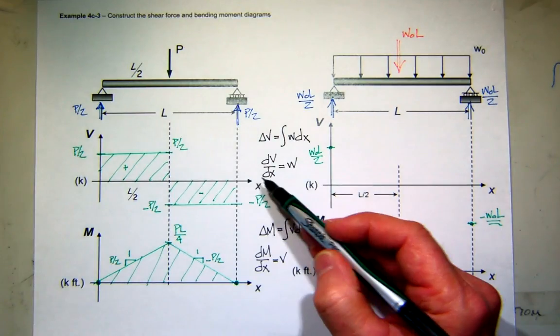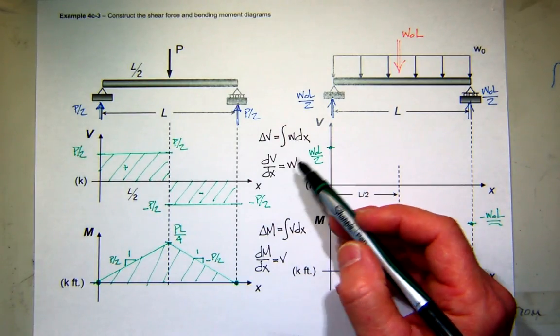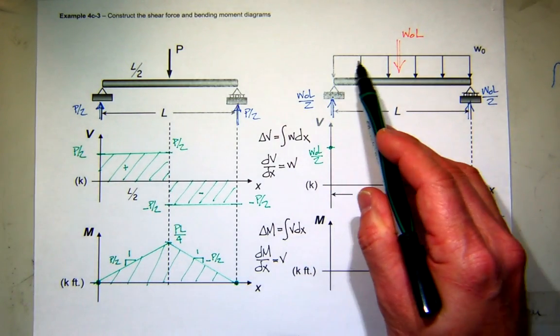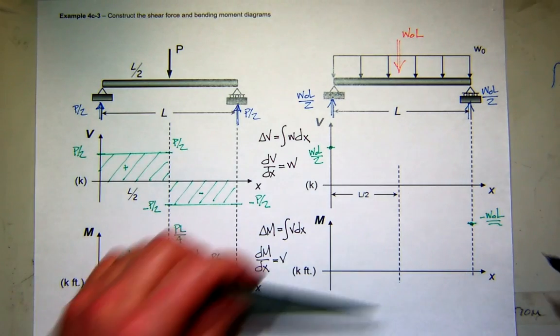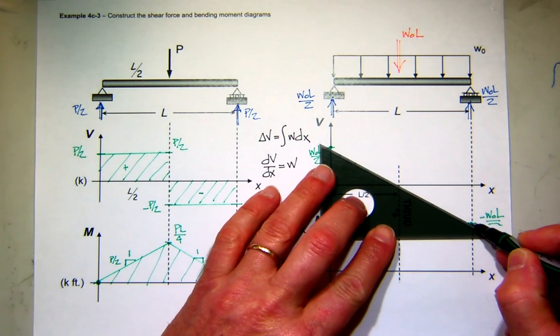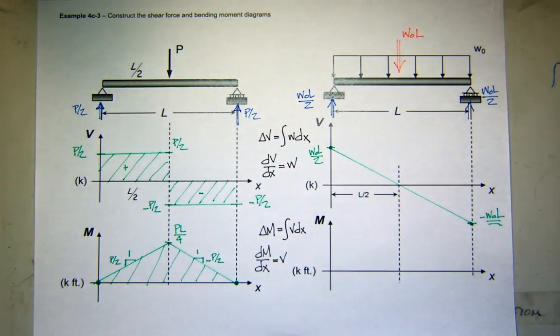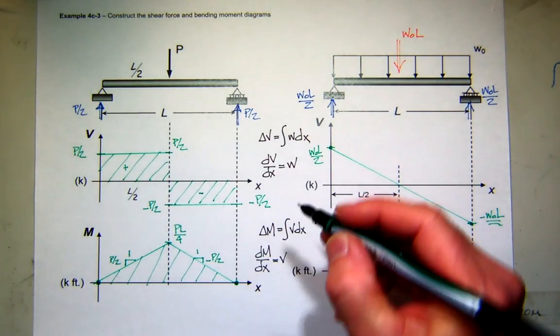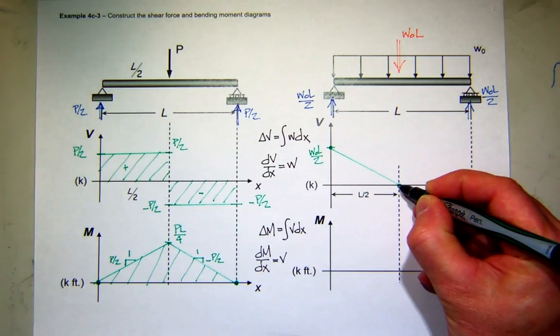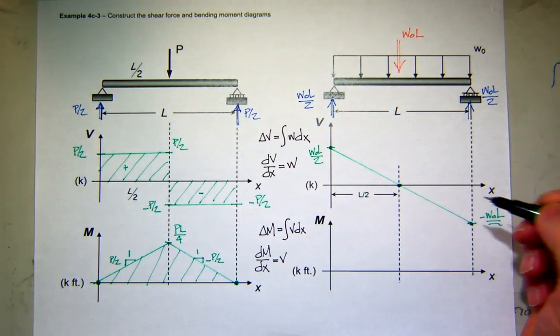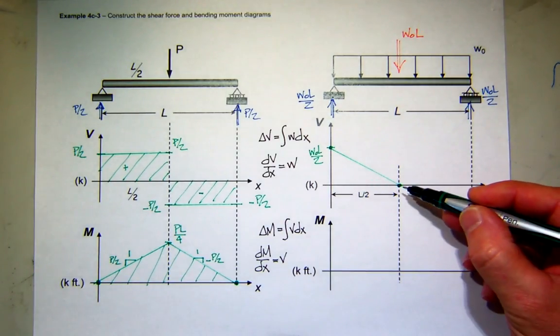And the slope is given by the load, and the load is what? It's constant, and it's negative. So you get something that looks like that. What's that right there? That's where the shear is 0.